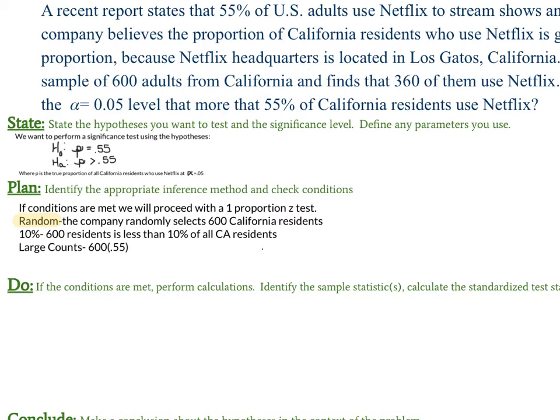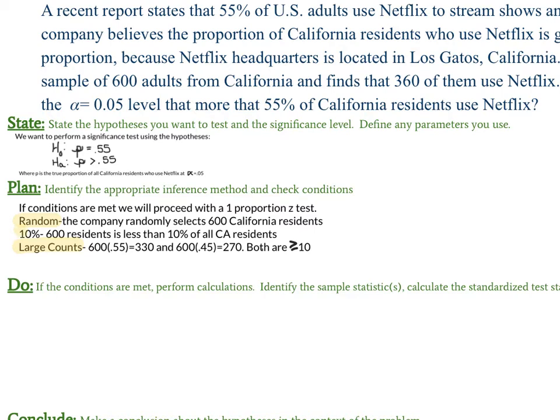So I'm showing that 600 times 0.55, which is our p naught, the value of the null that we are assuming to be true, would be equal to 330. So in my large counts, I'm stating 600 times 0.55 equals 330, and 600 times 1 minus p naught, 0.45, is equal to 270.